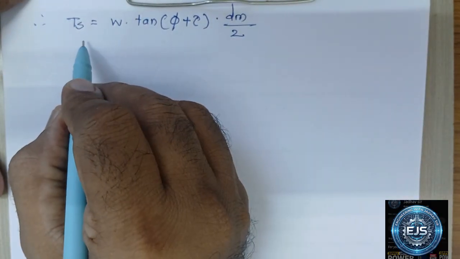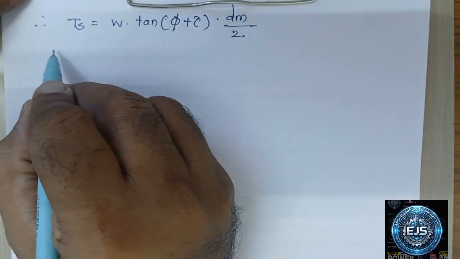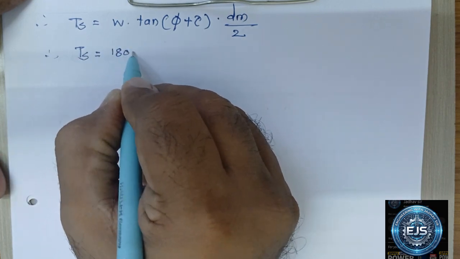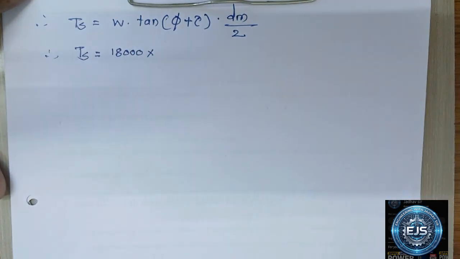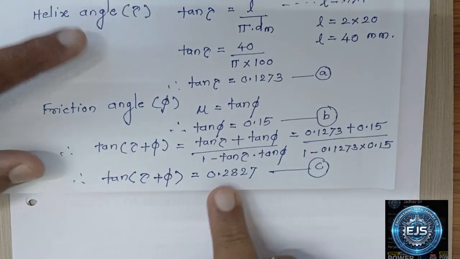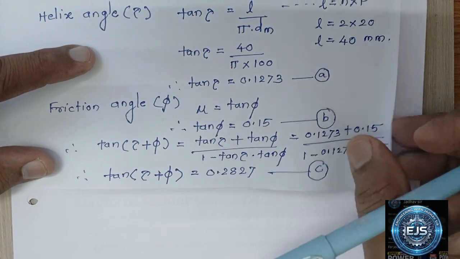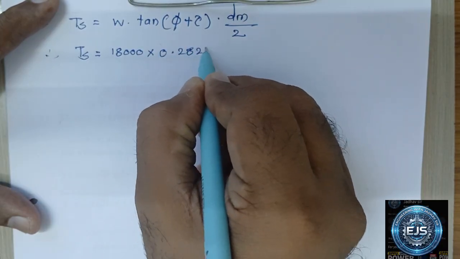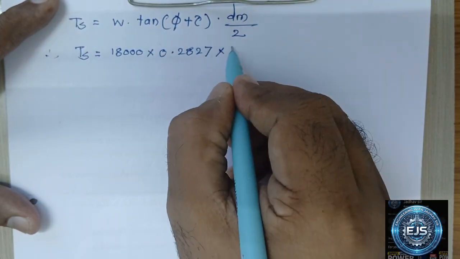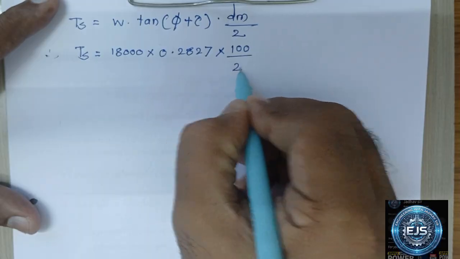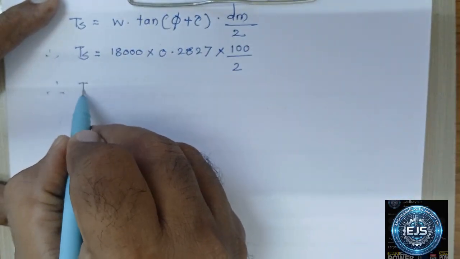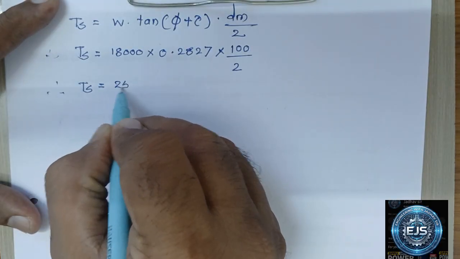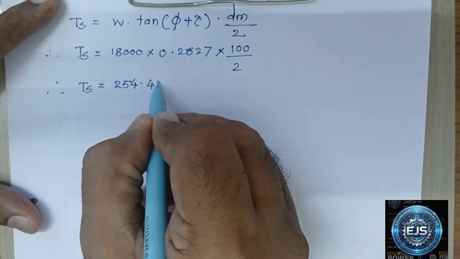Putting the values, TS is equal to load 18 kilonewton, so 18,000 Newton, into tan of lambda plus phi, 0.2827, multiplied by dm 100 divided by 2, so 50. From this we calculate the torque required to overcome the screw thread friction, and it comes out to 254.43 into 10 raised to 3.